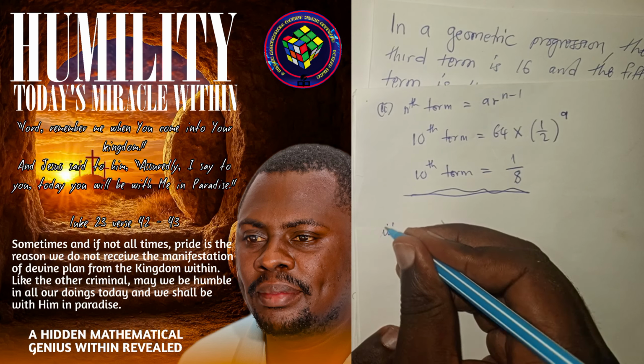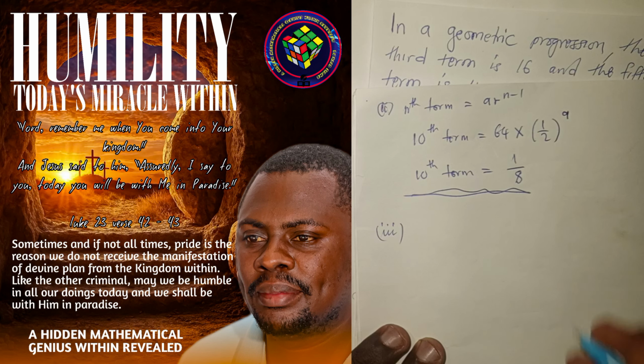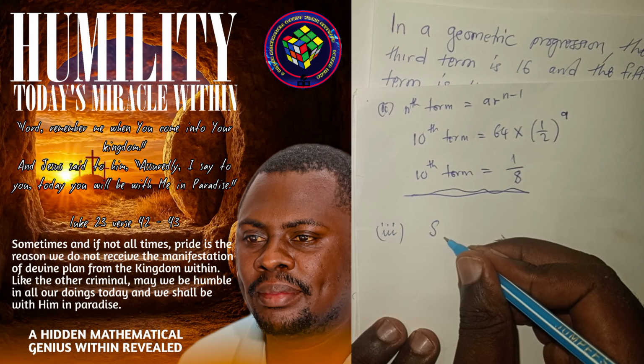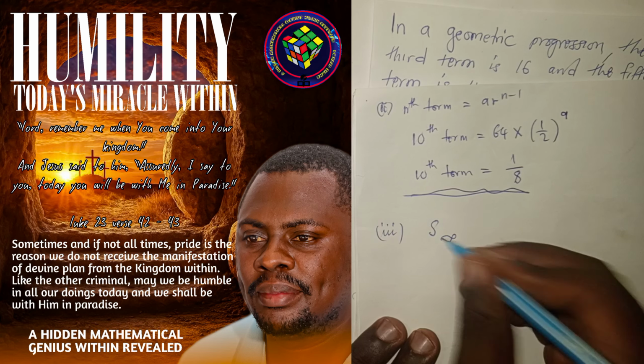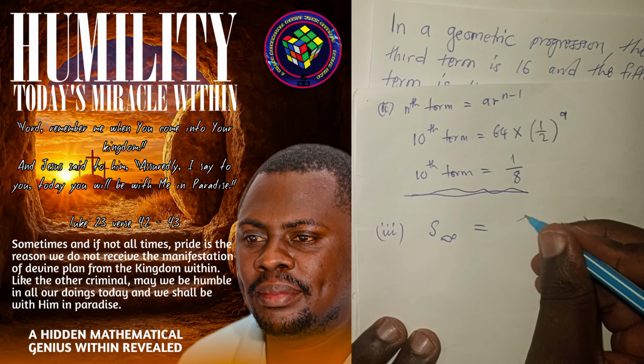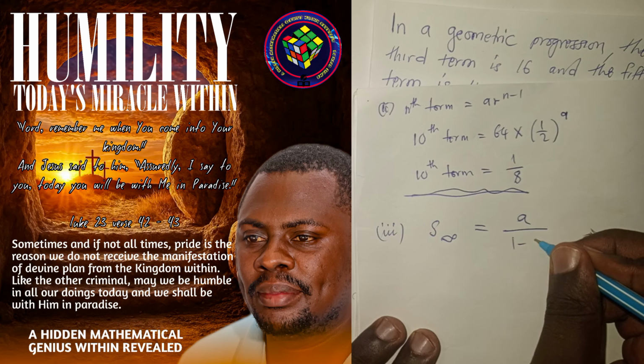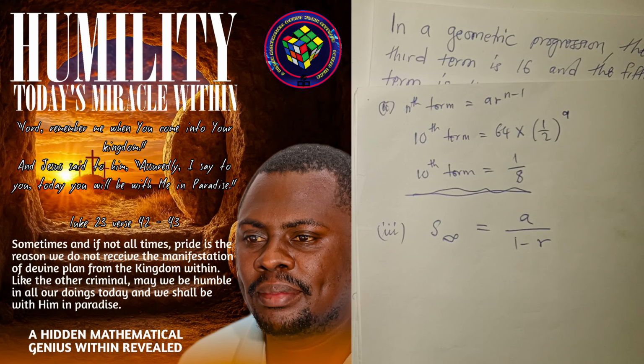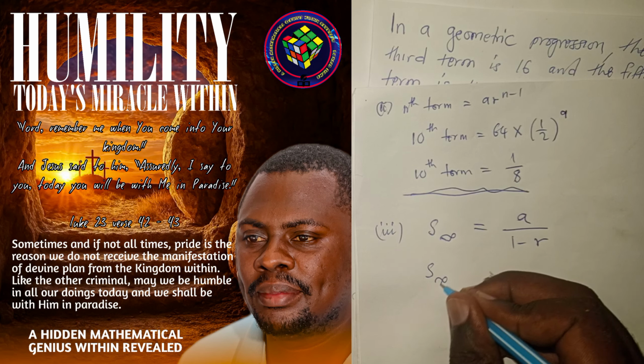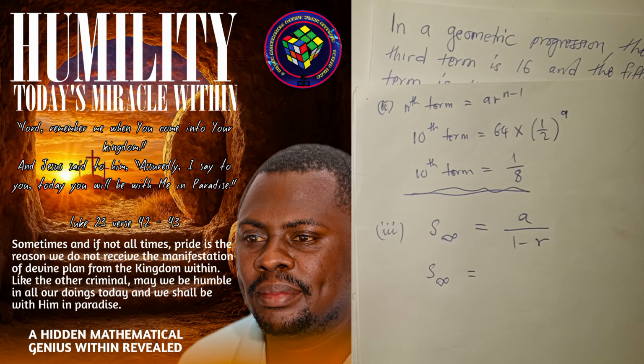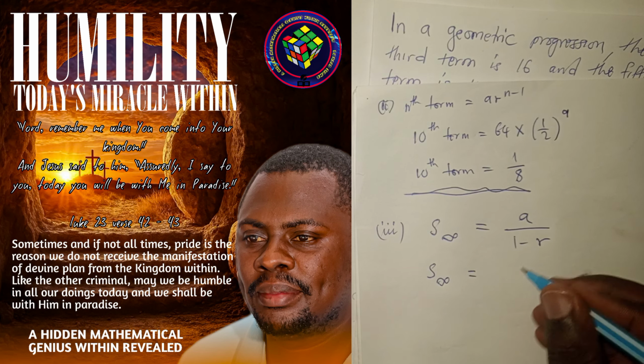Here is the formula. The sum to infinity, that is S sub infinity, is equal to a over 1 minus r. That is the formula for calculating the sum to infinity of a GP. So sum to infinity is equal to a, our first term, and you know that it's 64.